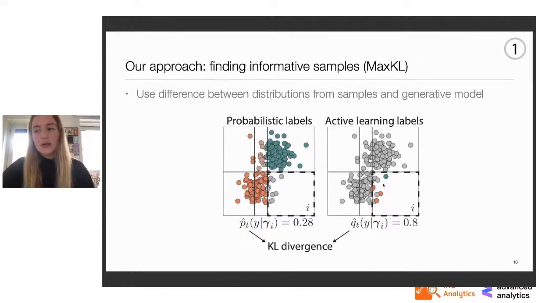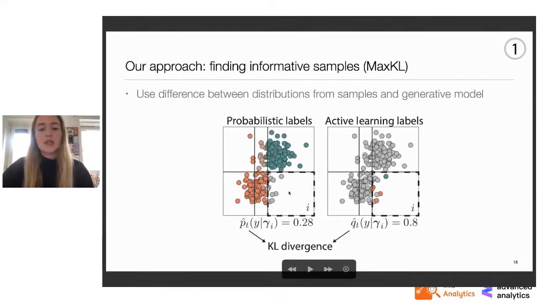And we use the idea that if there's still a big difference between these two distributions, it would be quite useful to sample from this bucket, because we're not really sure if what the generative model said here is accurate.